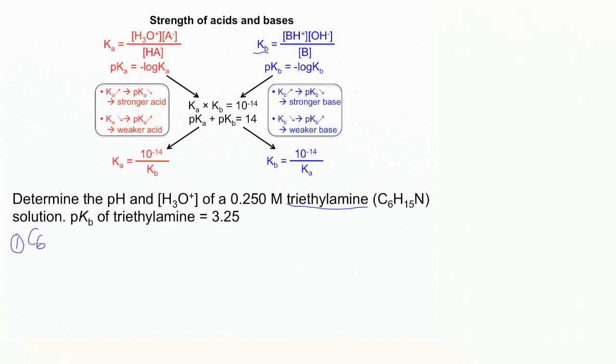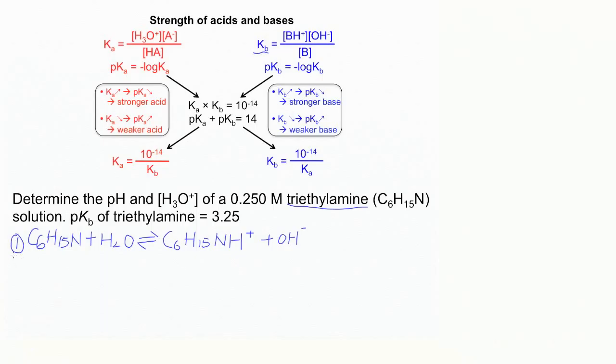Since this is a base, it's going to accept a proton when you dissolve that in water, to generate the conjugate acid, which is the cation in this case, and hydroxide anion.